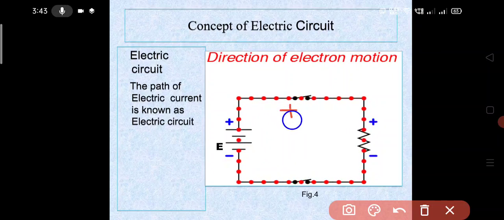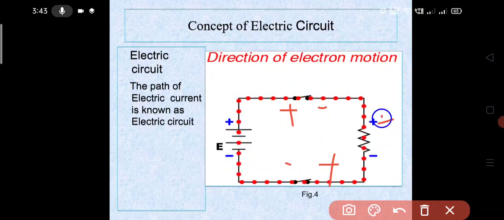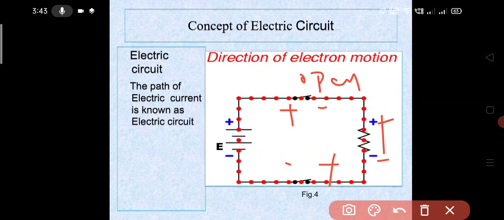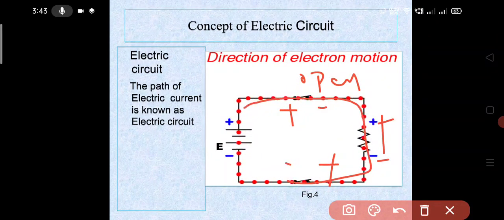So this is the positive, negative. This is the negative, positive. So the switch is open. These are open and closed. The flow of the direction is here.